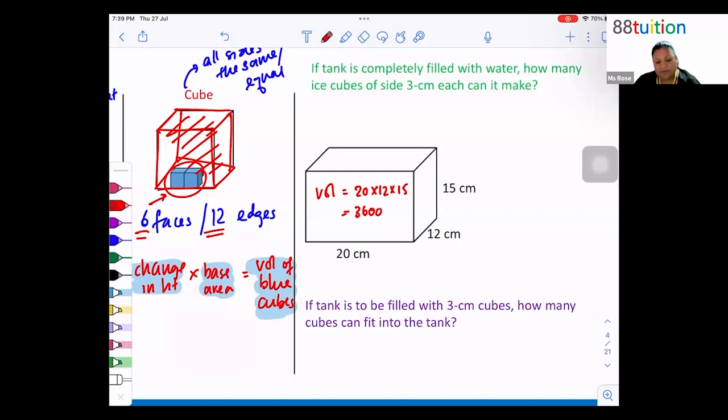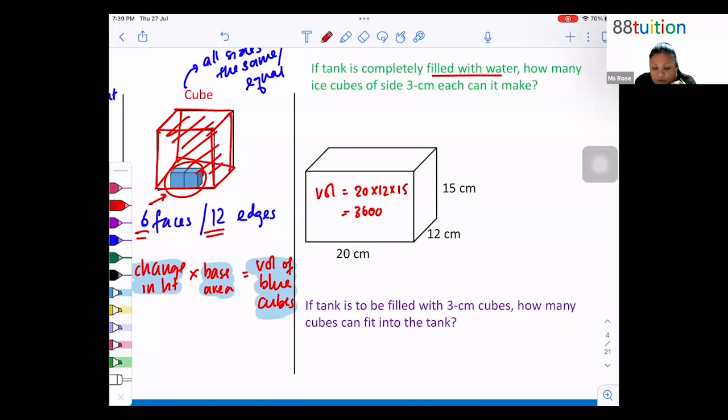The volume is this, okay? It's completely filled with water, and you want to make ice cubes. Yes, the new volume minus the original volume is the displacement.